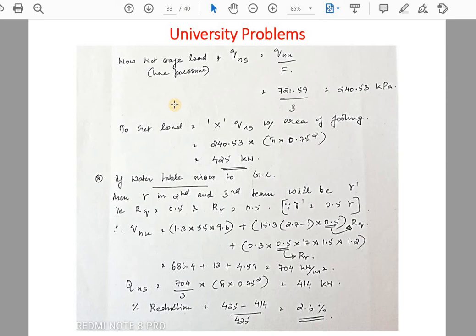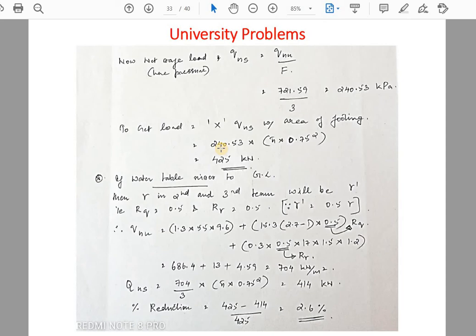So whenever they are asking to find a safe load, you have to multiply the particular bearing capacity with the area of the footing. So here it is 240 kPa, multiplied with the area of the footing, you get it as 425 kilonewton. So that is the safe load that can be applied on that foundation for this particular condition, where water table is way below the footing.